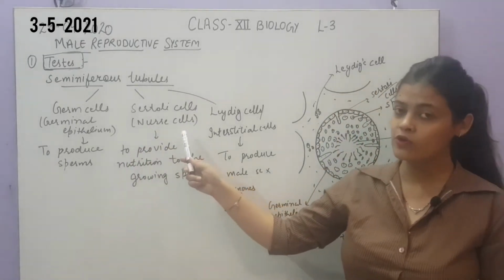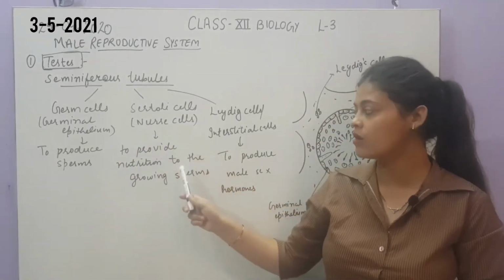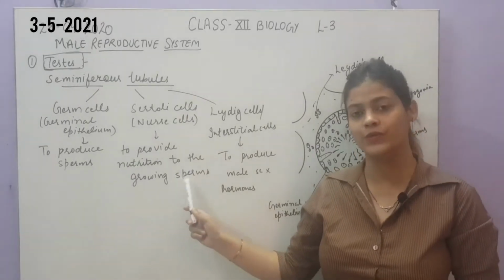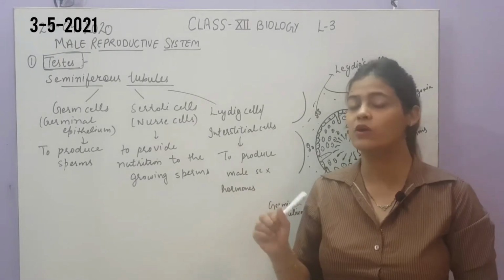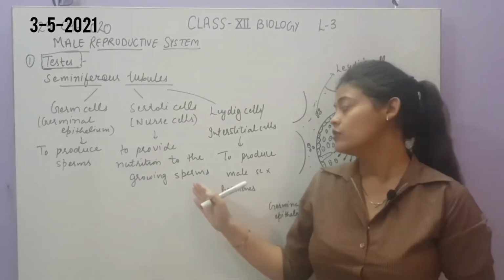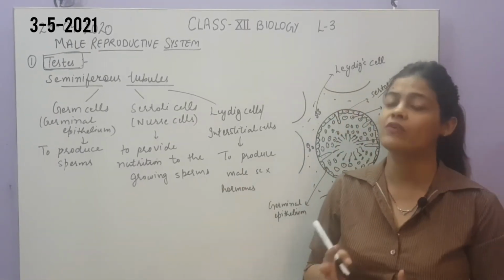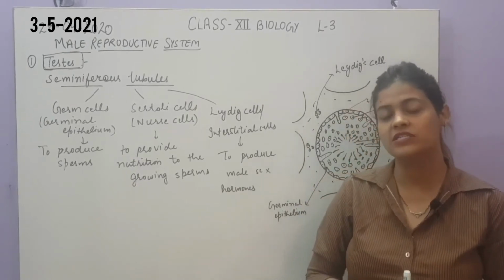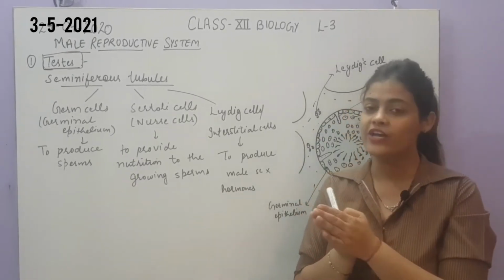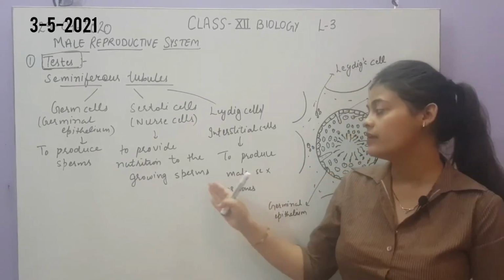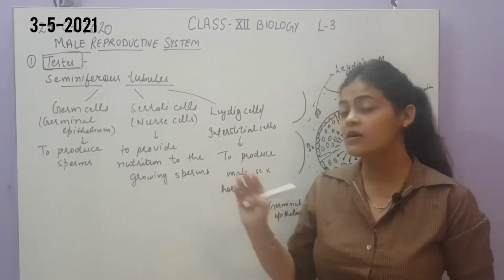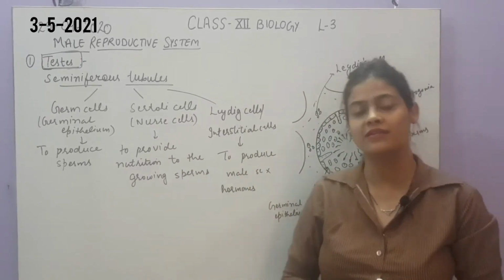Sertoli cells are also called nurse cells, because they will provide nourishment to the growing sperms. As I told you, sperms require nourishment because they are very delicate cells. Till they reach the vasa deferentia, which will carry them to the ejaculatory duct that receives the secretions from accessory glands, till then the sperms will get nourishment from Sertoli cells.